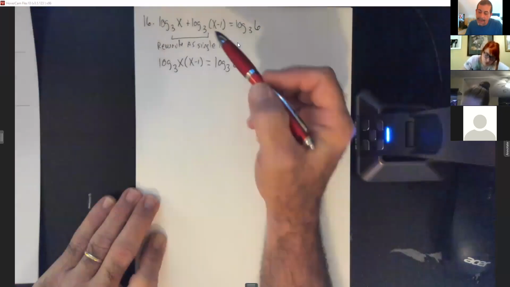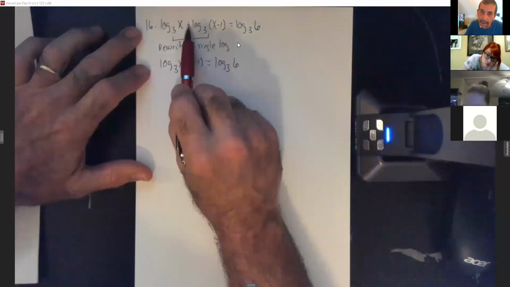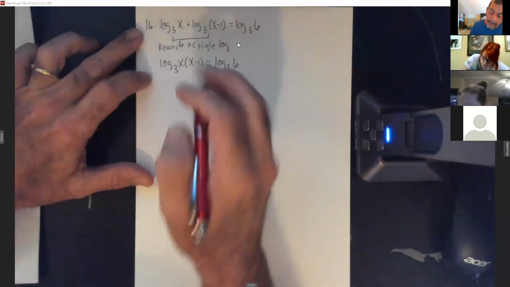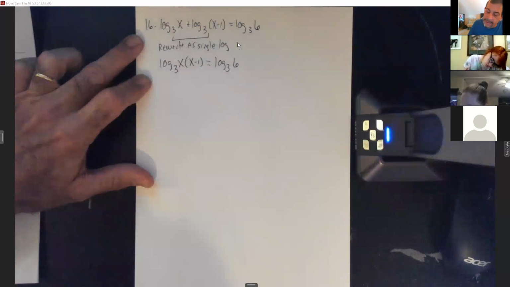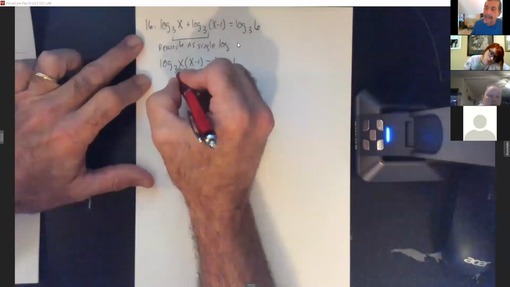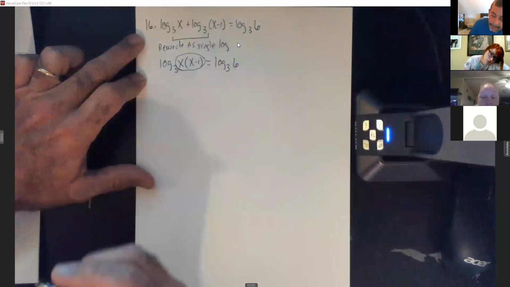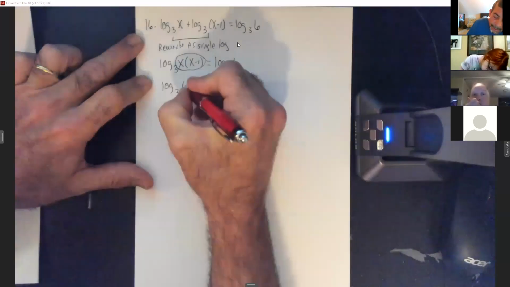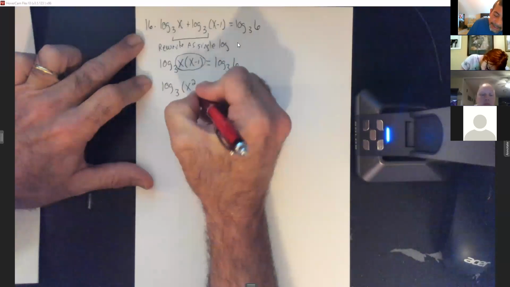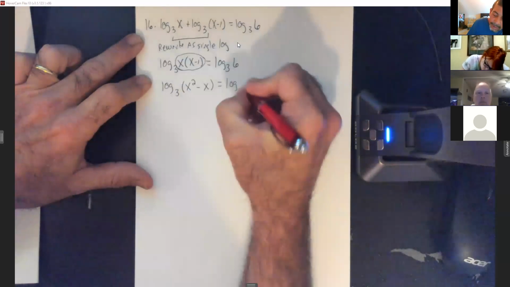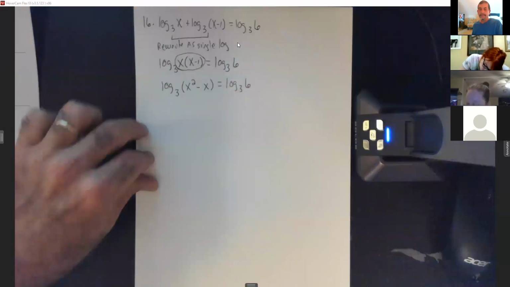And that's the main thing you have to watch for on these: are they being added or subtracted? So let me do one more thing. I'm going to multiply that x and that x minus 1 together. So I get log base 3 of (x squared minus x) equal to log base 3 of 6.